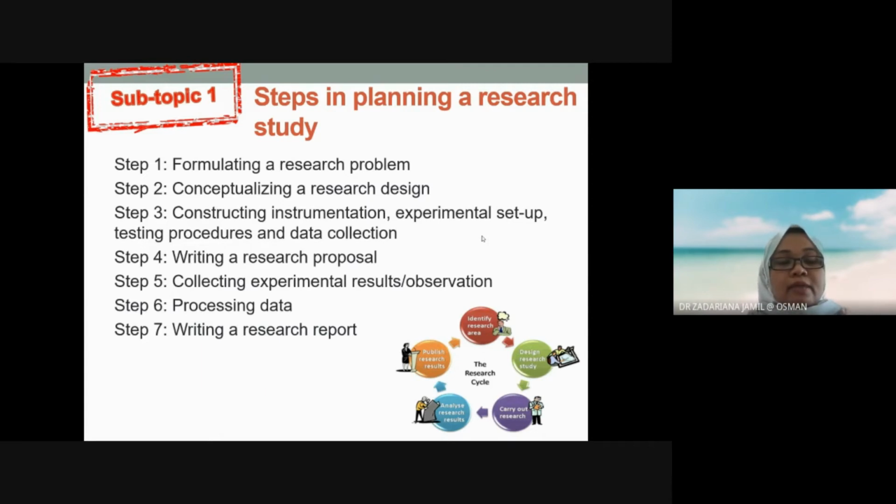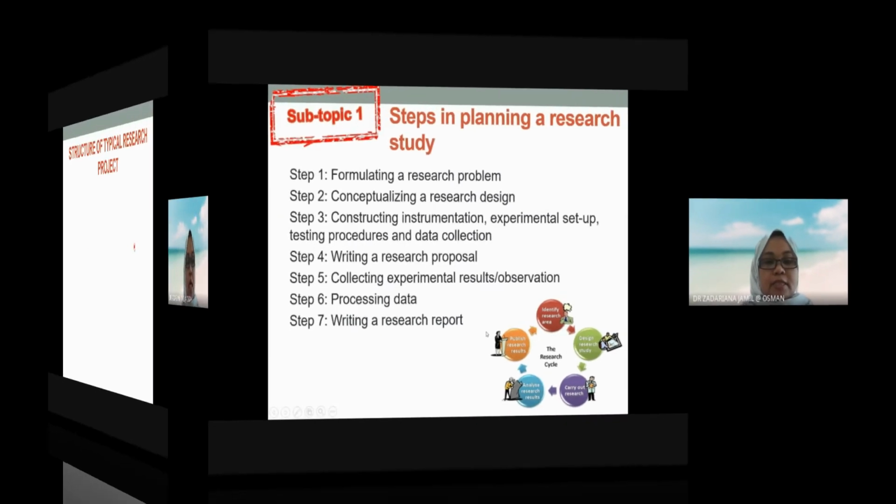These are the forms of report that you can write. Usually for final year students, you need to do a technical paper and also an FYP thesis. So that's the steps in planning a research study.